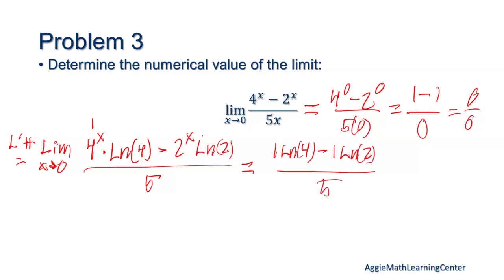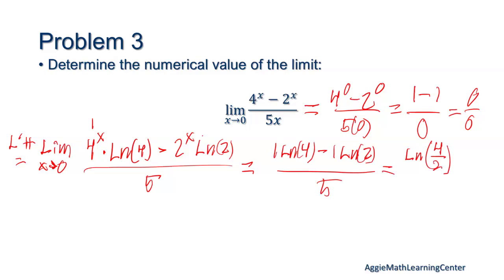Do you guys remember your log properties very well? How could we simplify the top? Oh, they're subtracting. So you can combine them into one, and it can just be one natural log of 4 divided by 2. When you subtract logs, you can bring that inside and turn it into division.